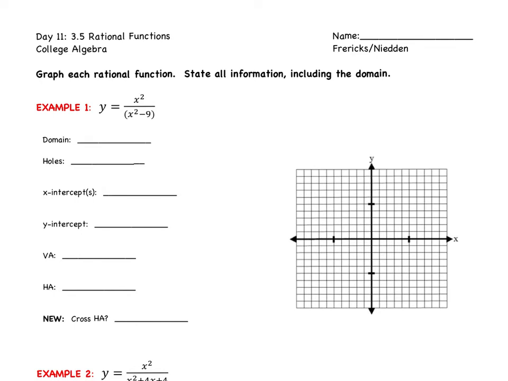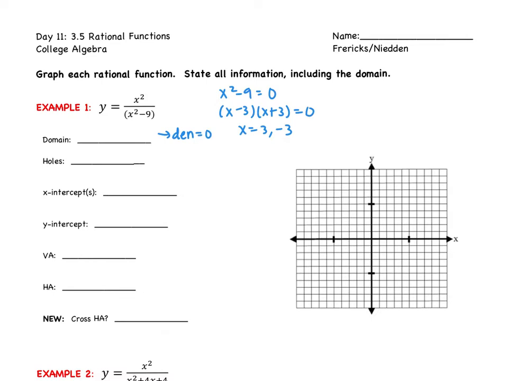Domain. Domain comes when you set the denominator equal to 0. So in this case, x squared minus 9 equals 0. I need to solve that. That factors to x minus 3 and x plus 3. So I get values of 3 and negative 3.